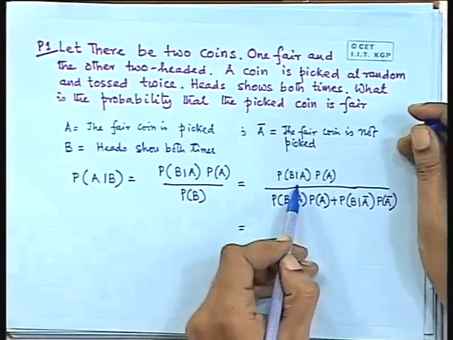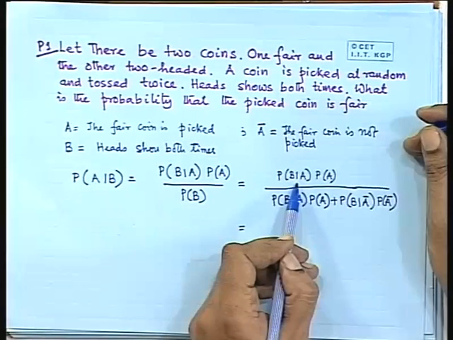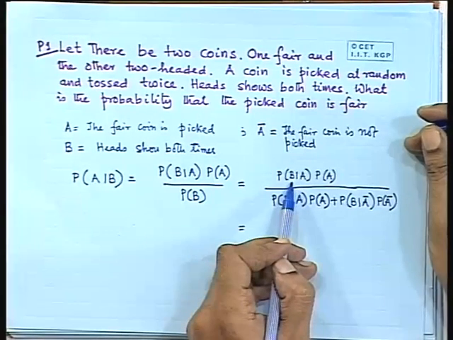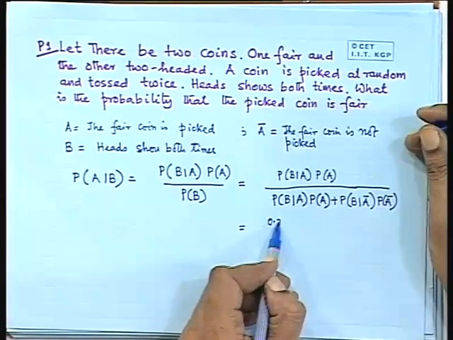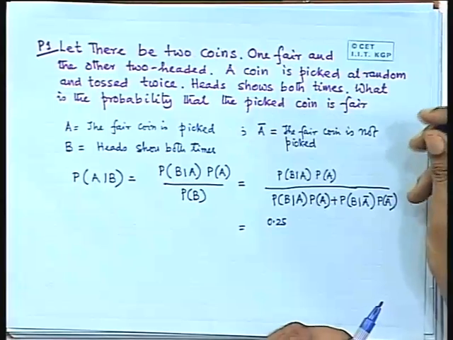So this is what you are saying, 0.25. Probability of B given A, that is 0.25, into what is probability of A?